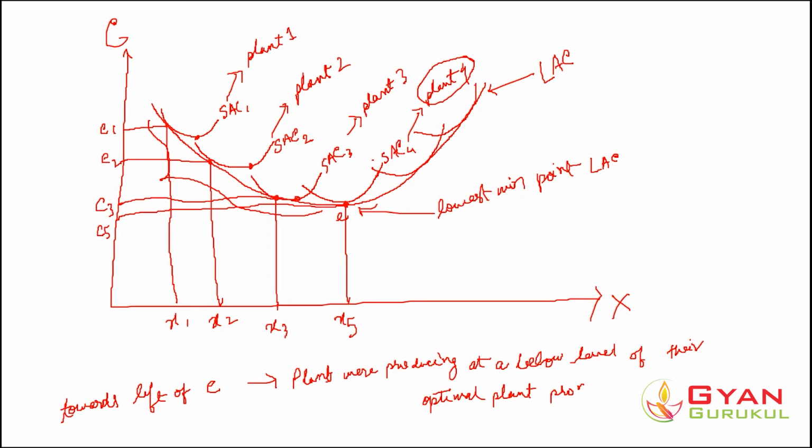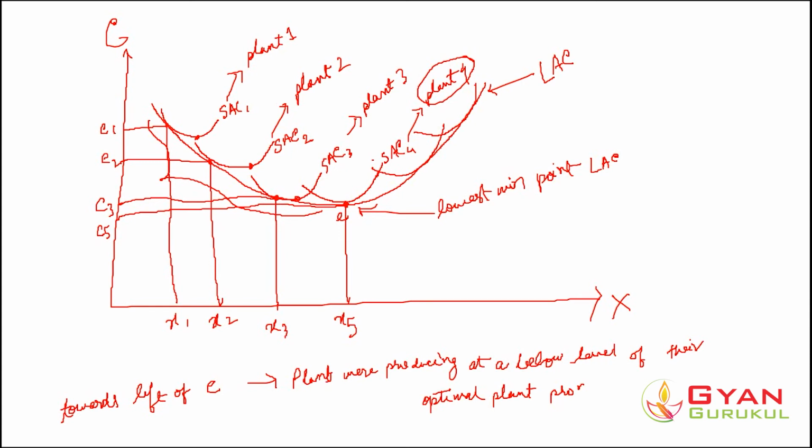So one thing we can see from this curve is that towards the left of point E, the lowest minimum point of LAC, the plants were producing at a level below their optimal plant size.